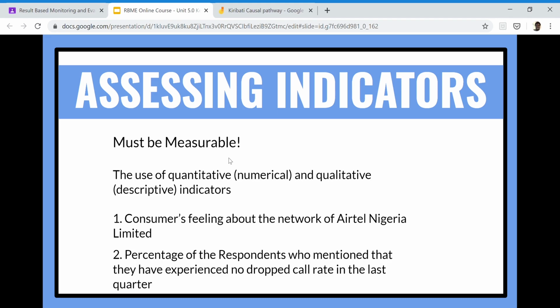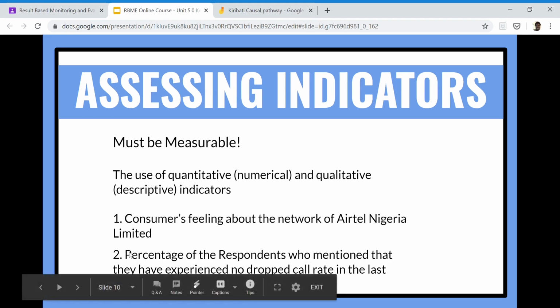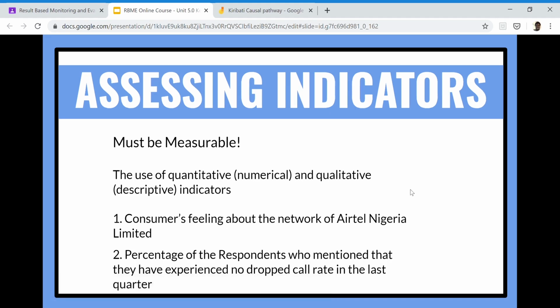Is it numerical? Is it descriptive? If you look at one and two here: consumers' feeling about the network of Airtel Nigeria Limited, and the percentage of respondents who mentioned that they have experienced no drop call rates in the last quarter.